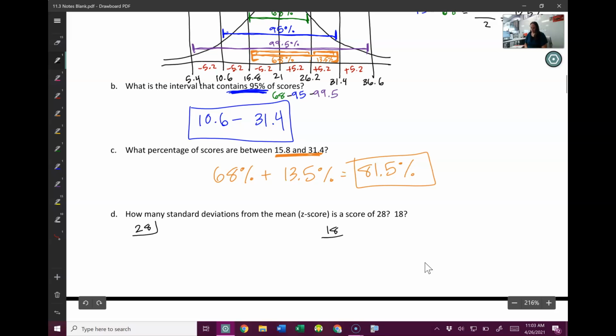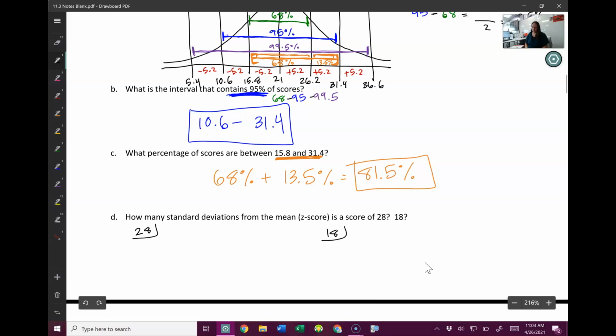So let's review the z-score equation. Z-score is the data point, which would be these. So in this case, x is 28, and in this one, x is 18. Minus the mean. Well, we know the mean for both of these is 21. That's what the problem said.